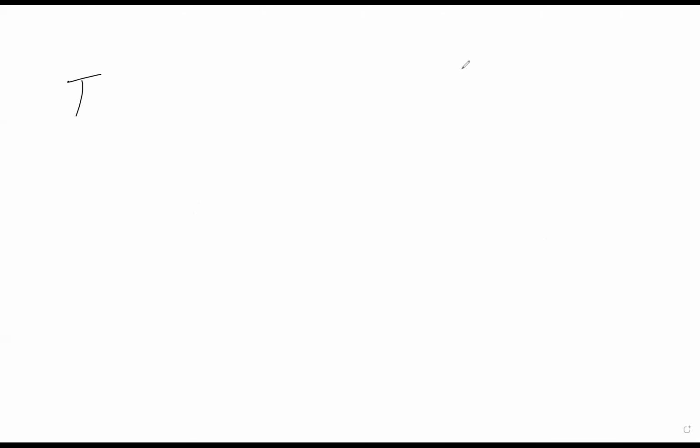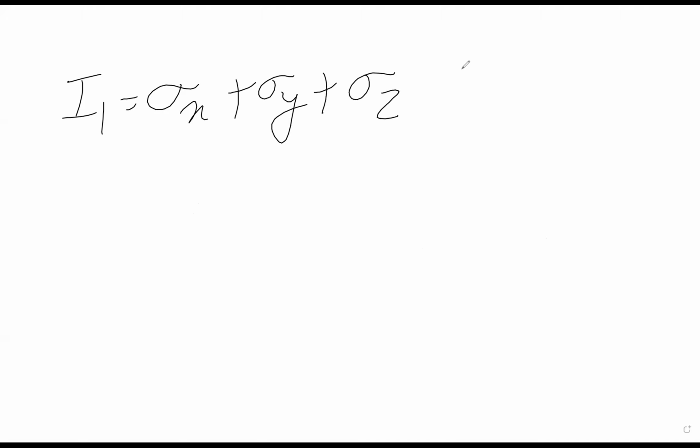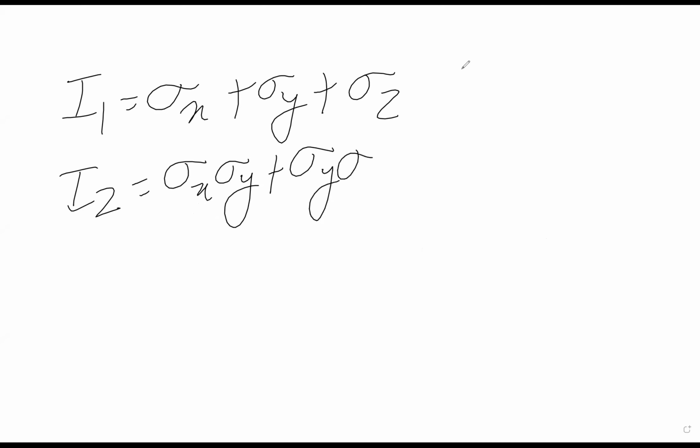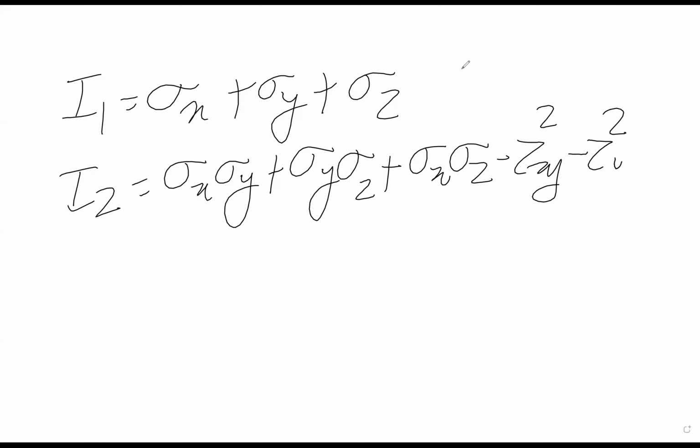The first invariant I1 is sigma x plus sigma y plus sigma z. The second invariant I2 is sigma x sigma y plus sigma y sigma z plus sigma x sigma z minus tau square xy minus tau square yz minus tau square zx.